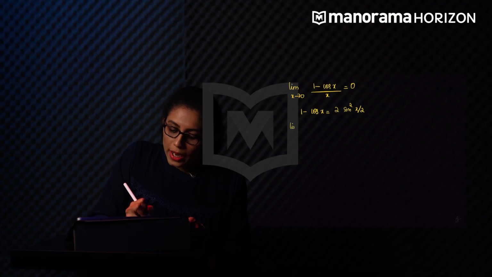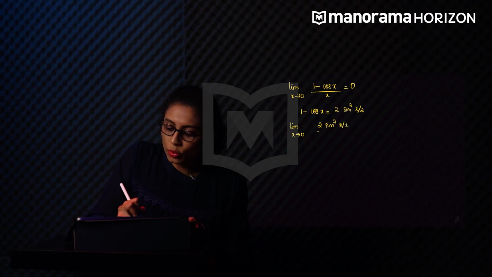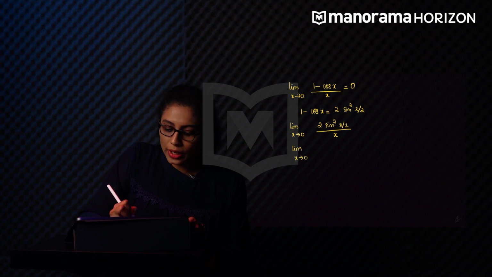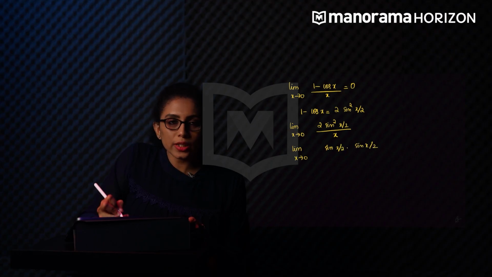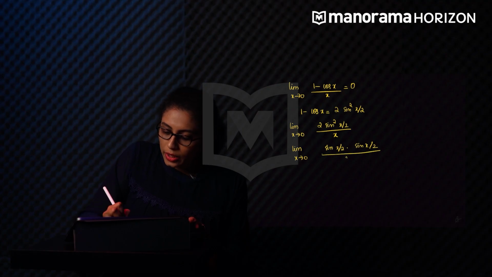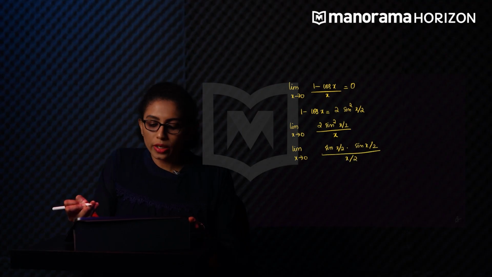So applying in the equation, 2 sin square x by 2 by x. Now again rearranging sin square x by 2, I can write it as sin x by 2 into sin x by 2, and bringing this 2 down, I get it as x by 2, right?